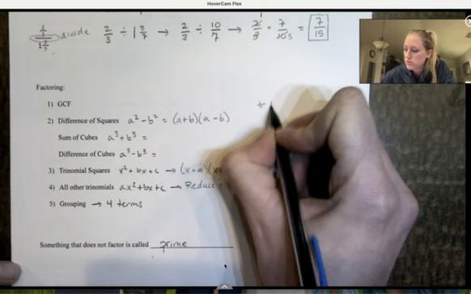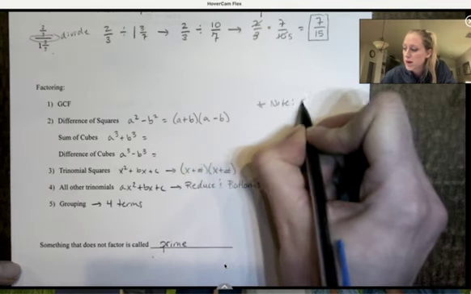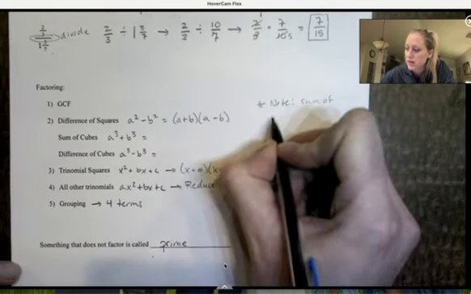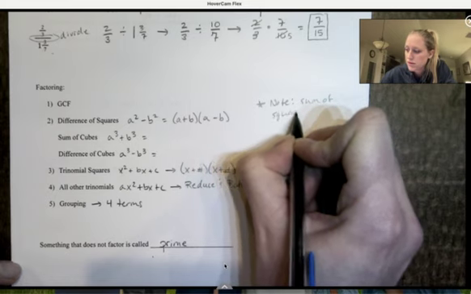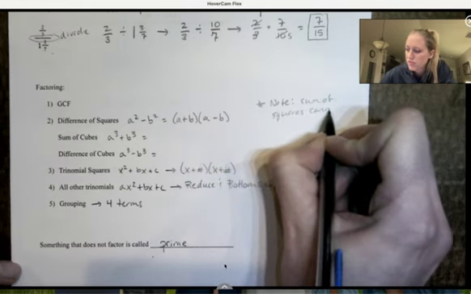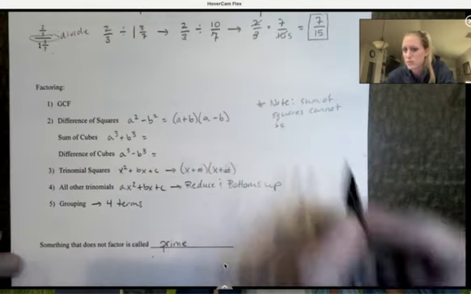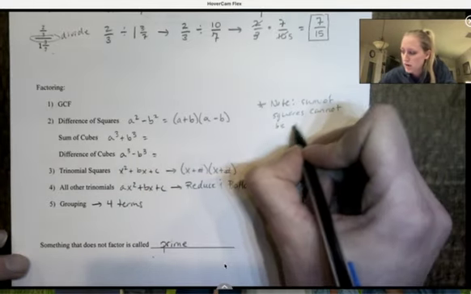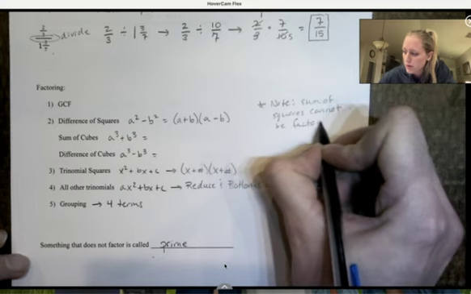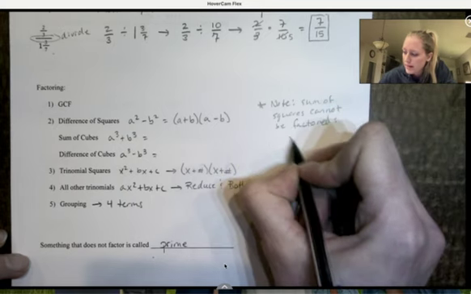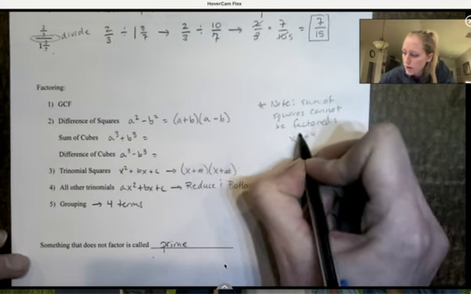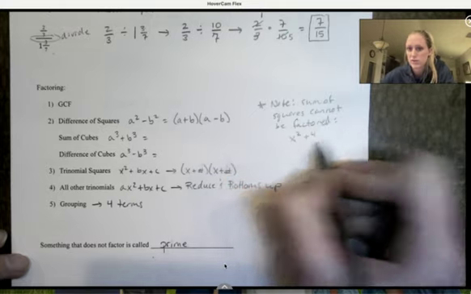Kind of a note, the sum of squares cannot be factored. This is something people get confused on because we have a difference of squares, but we don't have a sum of squares. An example would be x squared plus 4. This cannot be factored further.